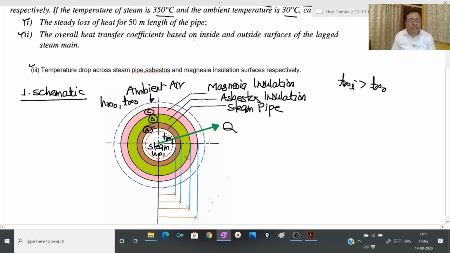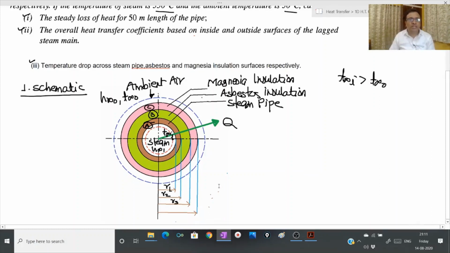Let inside radius of this steam pipe be represented by R1, outside radius is represented by R2. The outer radius of asbestos insulation is represented by R3, and finally the outer radius of magnesia insulation is represented by R4.